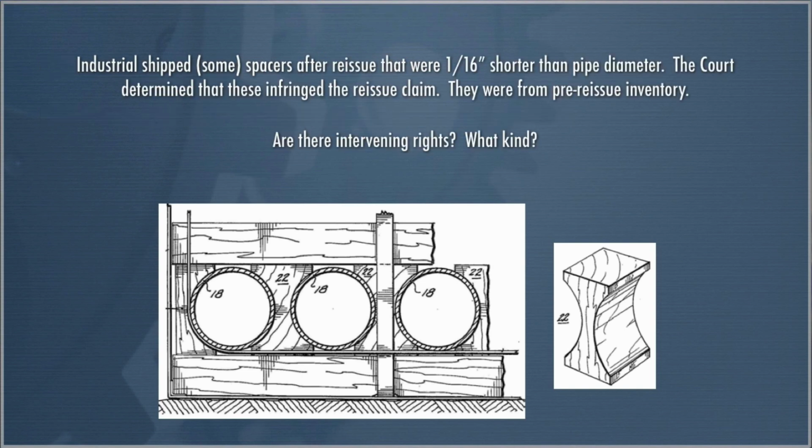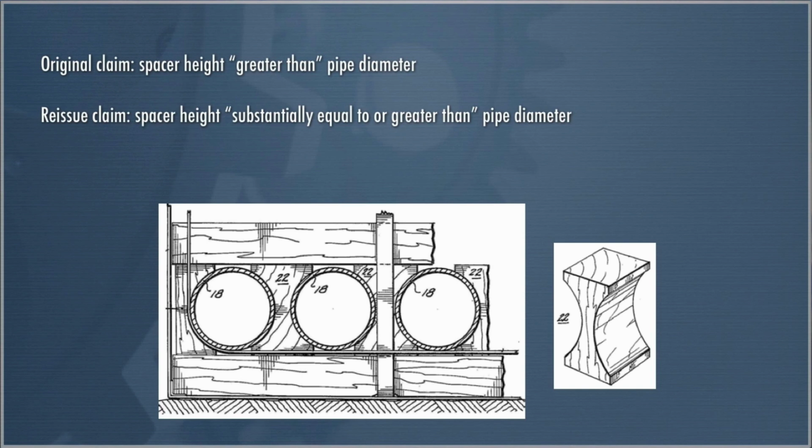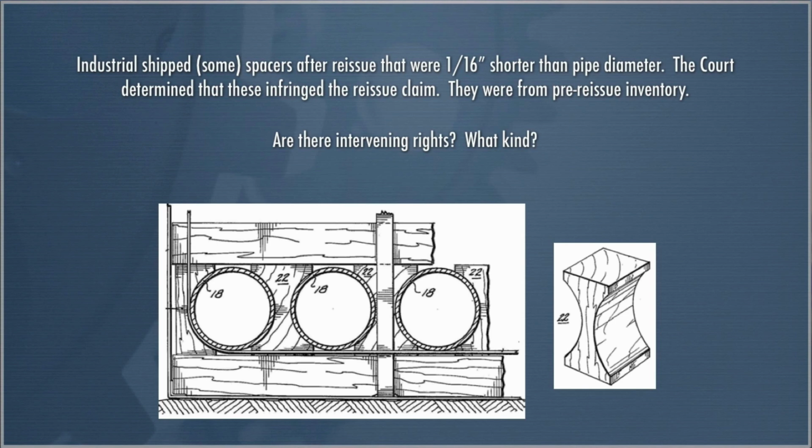So after reissue, they shipped spacers that were 1/16 inch shorter than the pipe diameter, right? The court determined that these infringed the reissue claim, right? Query why that's, I guess the court called it substantially equal to the pipe diameter, and they were from pre-reissue inventory. Right, so the question in Seattle Box is, are there intervening rights here?